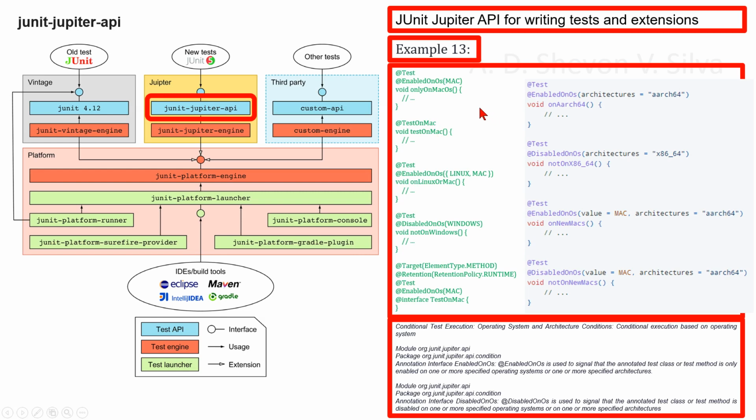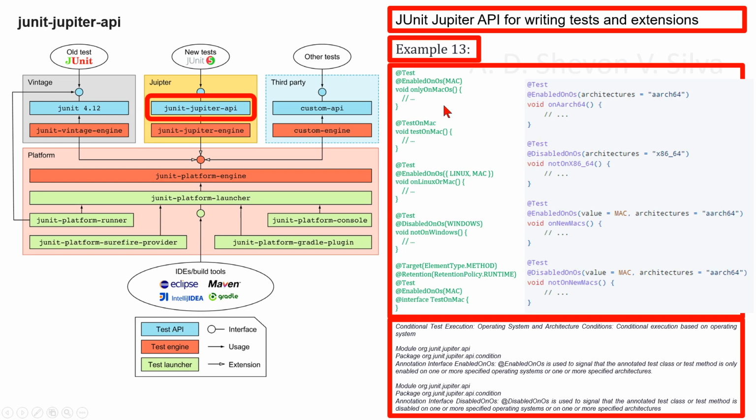In the conditional execution based on operating system, the annotation interface EnabledOnOs in package org.junit.jupiter.api.condition in module org.junit.jupiter.api. @EnabledOnOs is used to signal that the annotated test class or test method is only enabled on one or more specified operating systems, or one or more specified architectures.